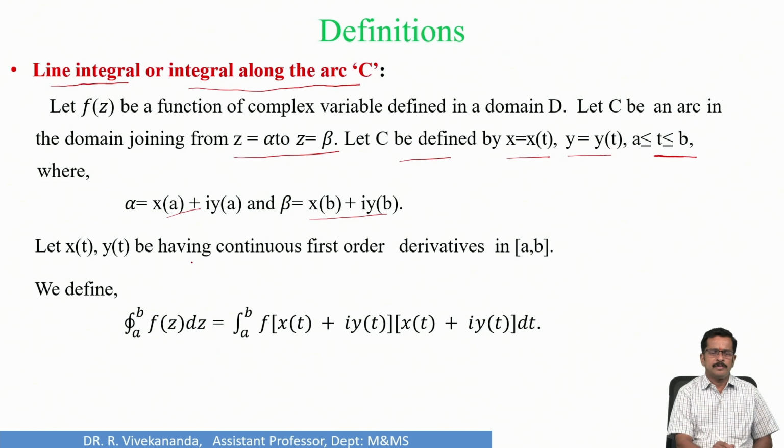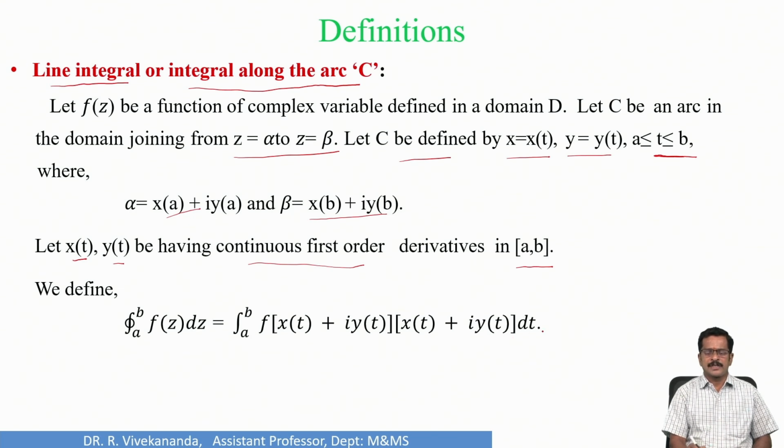And here we are assuming that the variables x(t) and y(t) are continuous and their first order derivatives exist in the closed interval [a, b]. And we define the complex integration of f(z) dz as the integral from a to b of f(x(t) plus i y(t)) into (x'(t) plus i y'(t)) dt.